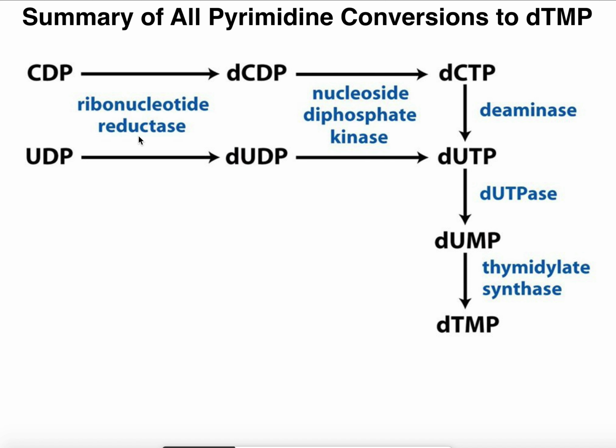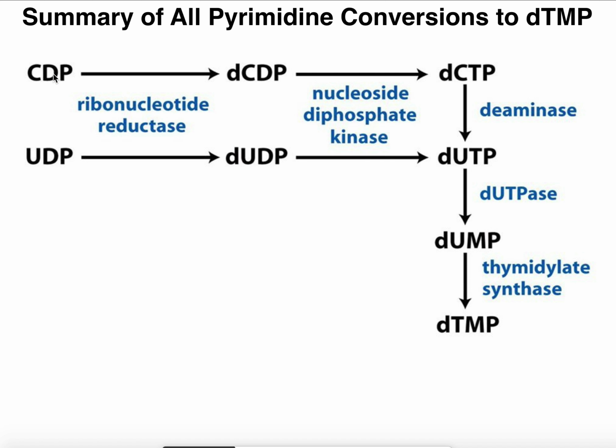Simple enough, but the thing you have to remember, and this is where it gets confusing, for whatever reason, ribonucleotide reductase only acts on the diphosphate forms of these nucleotides. It doesn't act on the monophosphate form, it doesn't act on the triphosphate form. So when we synthesize CTP and UTP, we would actually have to convert them back to CDP and UDP before ribonucleotide reductase will even consider binding to them and converting them into the deoxy form.